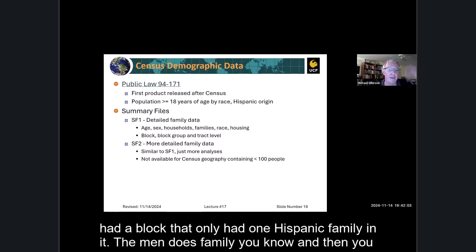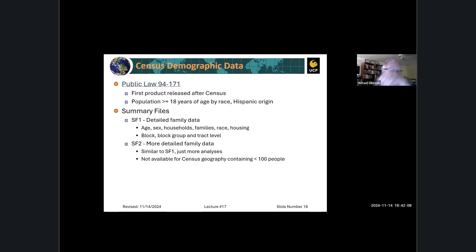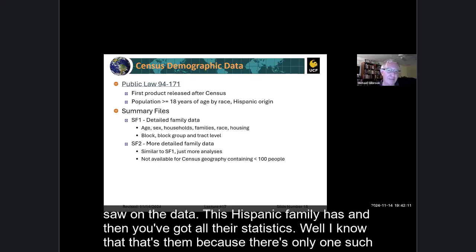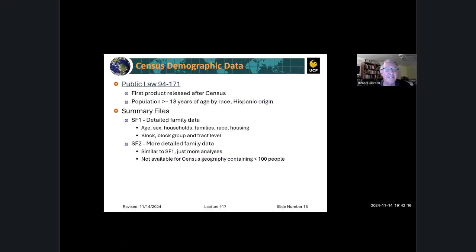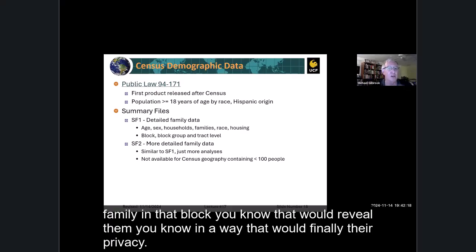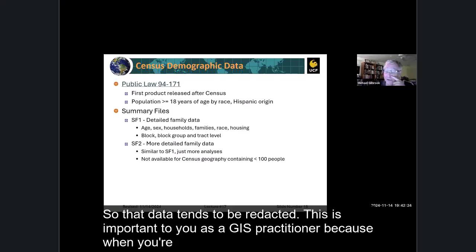Say, for example, you had a block that only had one Hispanic family in it, the Mendez family, and then you saw in the data this Hispanic family has, and then you've got all their statistics. Well, I know that that's them because there's only one such family in that block. That would reveal them in a way that would violate their privacy. So that data tends to be redacted.